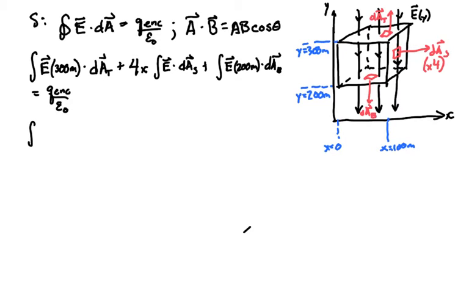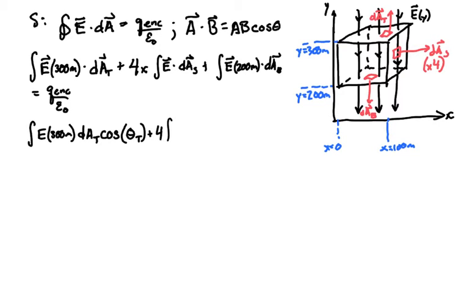So for our first one, we have the integral of the magnitude of our electric field at 300 meters times the differential area, the top, and again that's just the magnitude, times the cosine of the angle between those 2 vectors. I'm going to call it theta sub t.